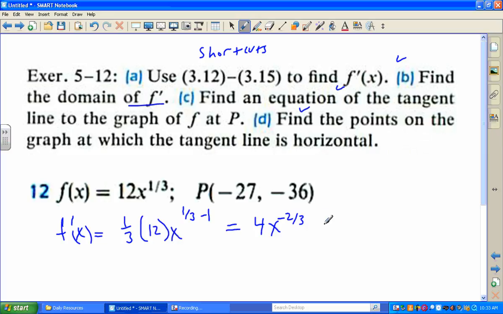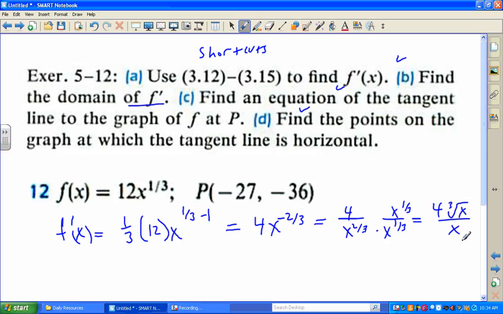You can leave it like that, or you can write it as 4 over x to the 2/3. They might want you to rationalize it in the back. So you have to multiply by x to the 1/3 and x to the 1/3. So your final answer would be 4 times the cube root of x all over x. So any one of those answers would be fine. Only thing is if it's a multiple choice test, we'll give you a problem.